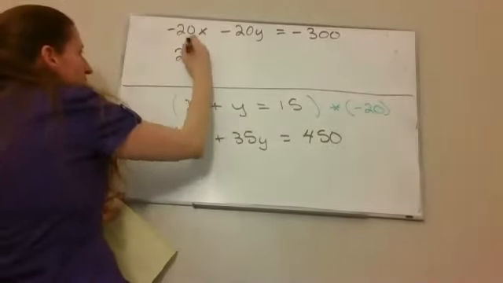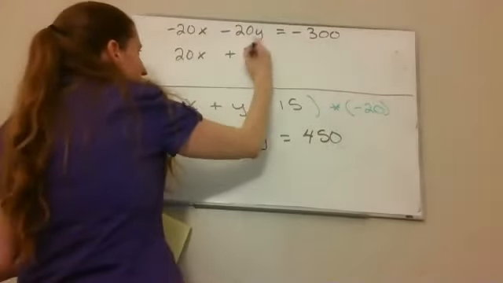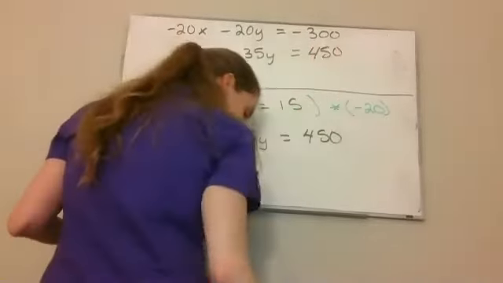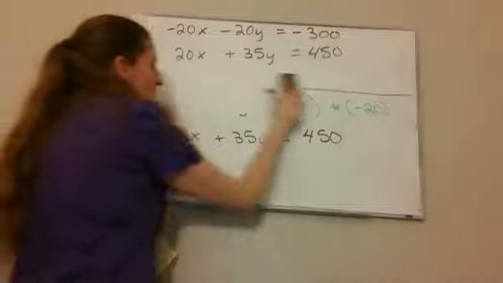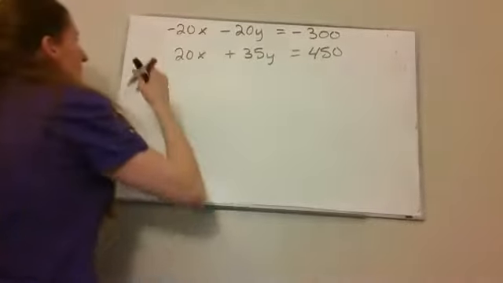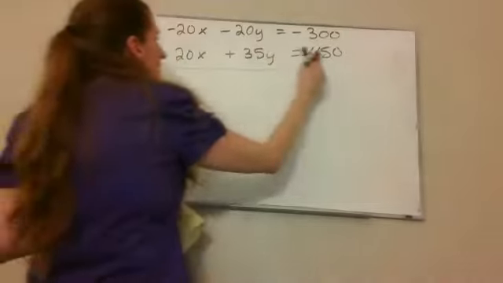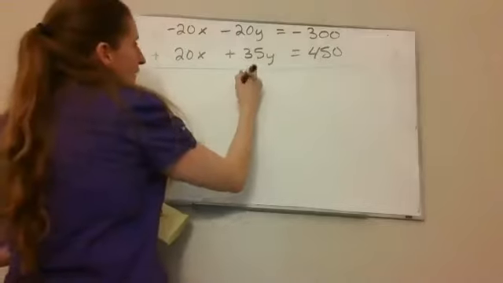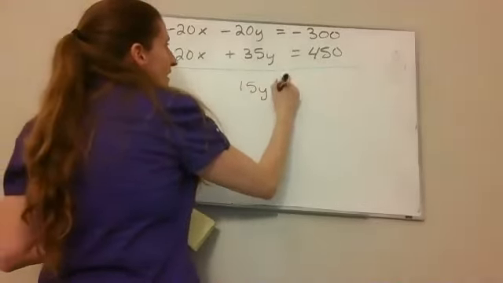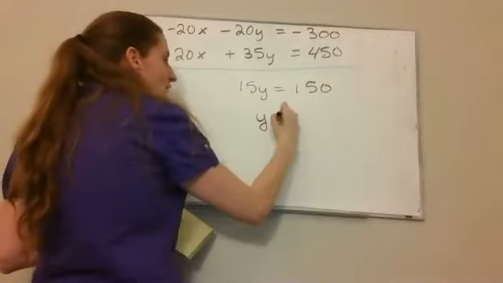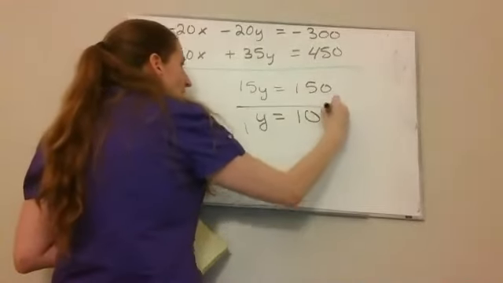And my bottom equation is still 20x plus 35y equals 450. Add the two equations together. The 20x's go away, and I get 15y equals 150. Divide by 15 to get y is 10.